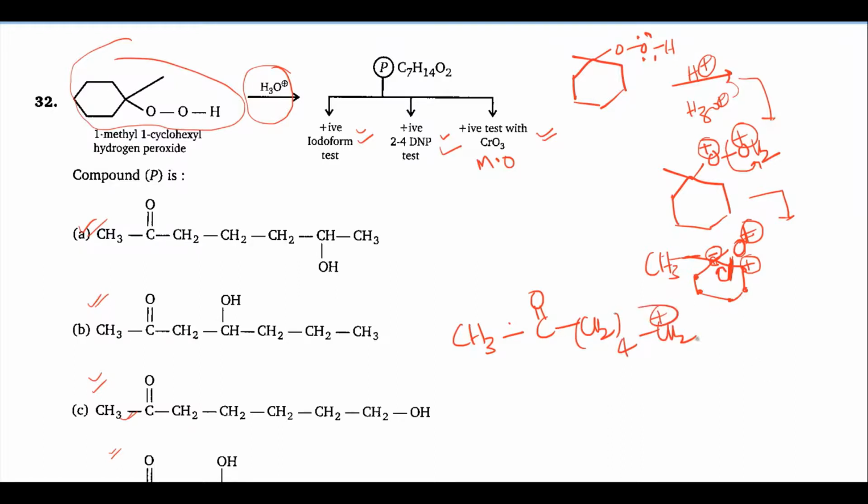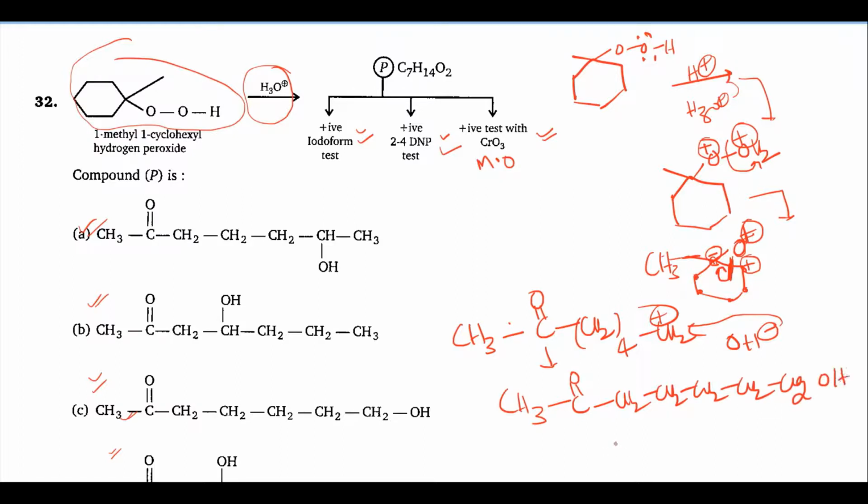After that, what is attaching here? OH minus is attaching, coming from the water. Then you are going to get CH3, C double bond O, CH2 four times, and after that CH2OH. You can observe here, is it giving a positive haloform test?